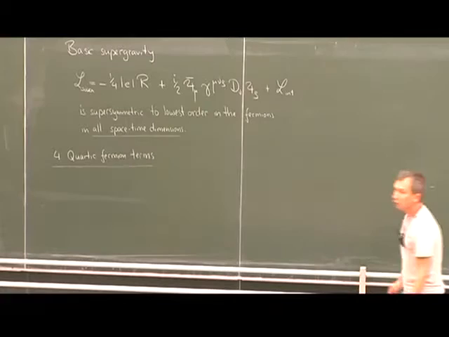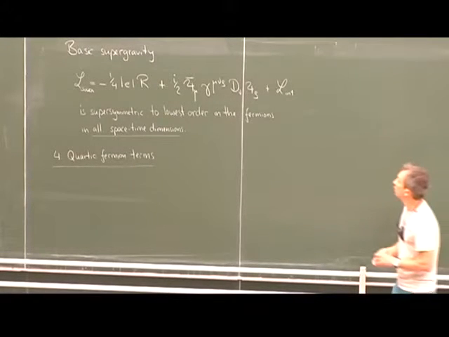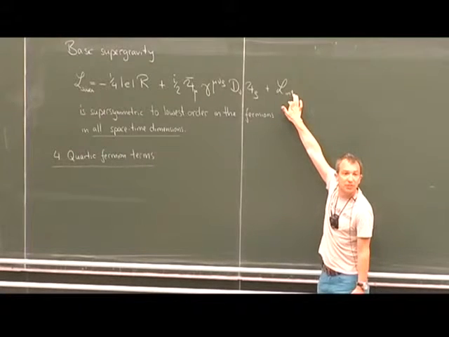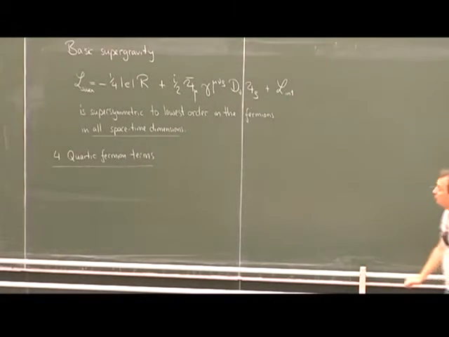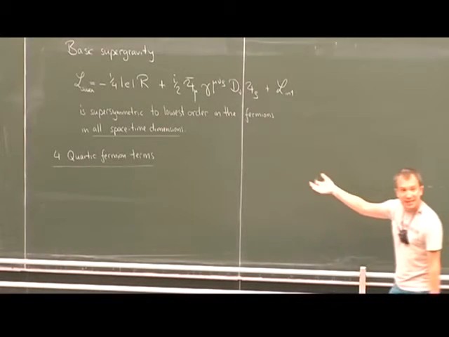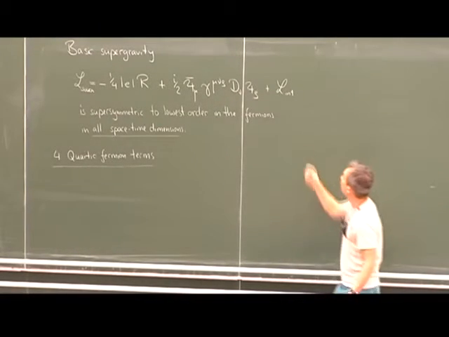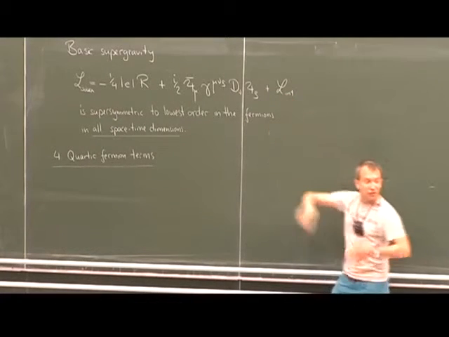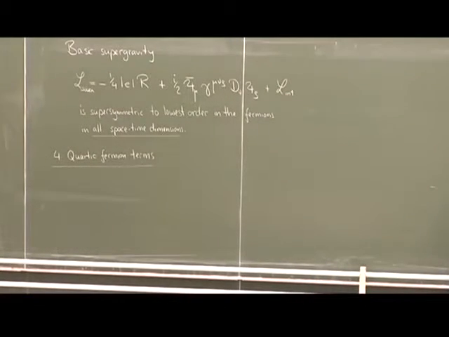So in fact, nowadays, when one works with supergravity on the classical level, these quartic fermion terms, you will hardly even see them mentioned in the papers. But when supergravity was constructed in the 70s and the 80s, of course, the main thing was that there is a consistent extension of this action such that it is supersymmetric to all orders.